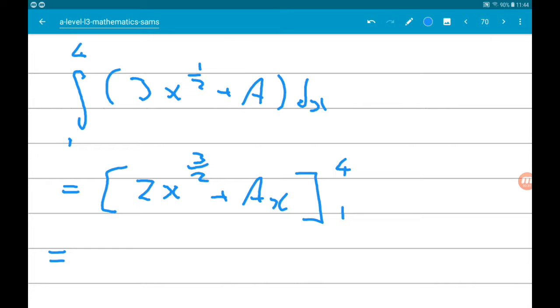So we have 2 times 8, which is 16, add 4a. And then we have minus 1 to the power of anything is 1. So we just got 2 minus a.